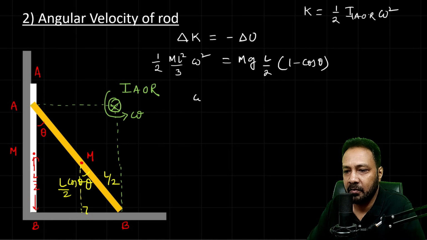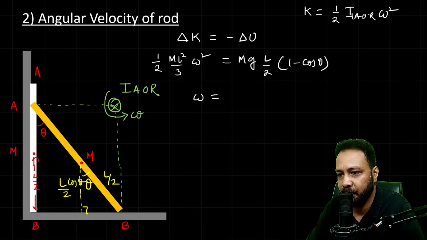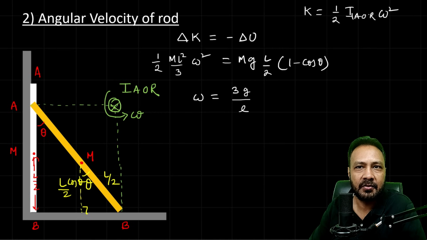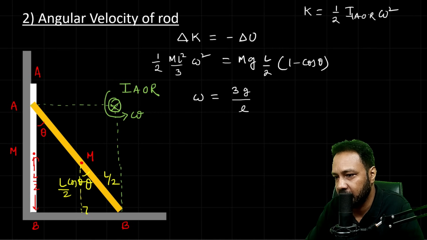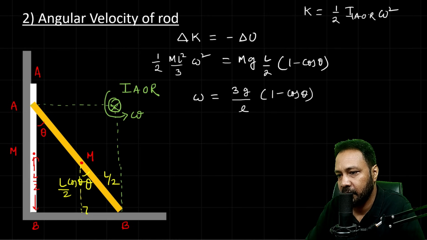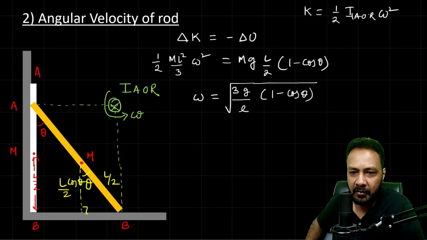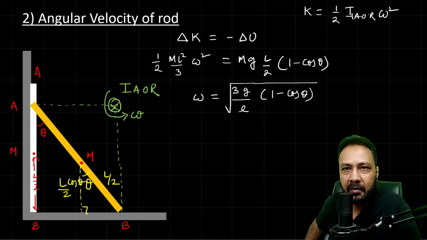If I simplify, omega will become square root of 3g by L. The 2 and 2 will get cancelled, m and m will get cancelled, and (1 minus cos theta), everything will be inside the square root. So angular velocity we got by the conservation of mechanical energy.